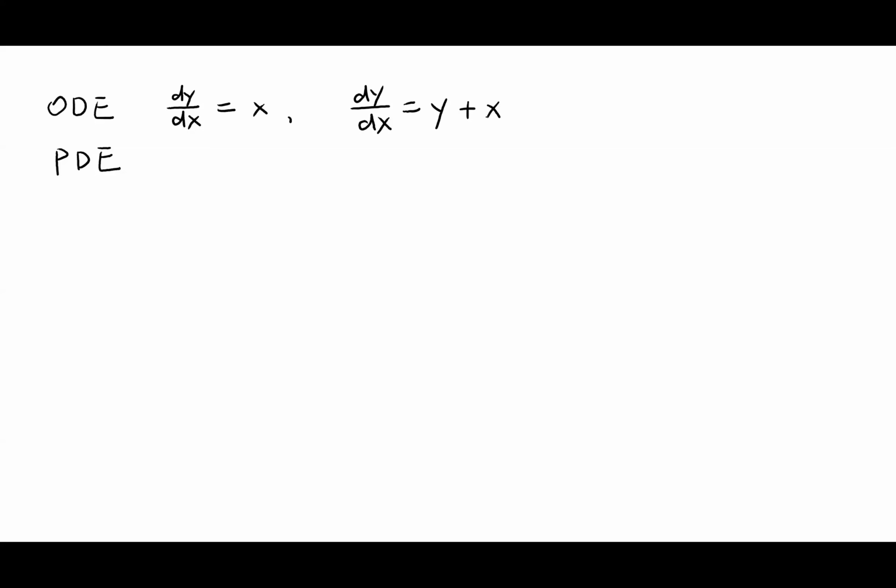For PDE, we have two variables that correspond to one y. So for example, we can have y as a function of x and time t, okay? This is pretty typical in mass diffusion.